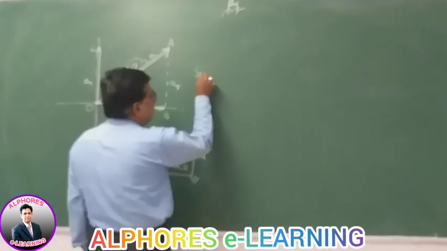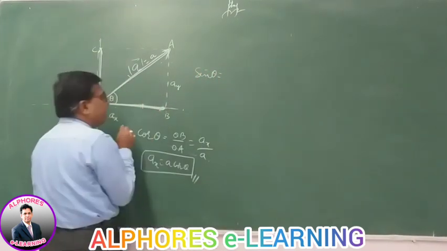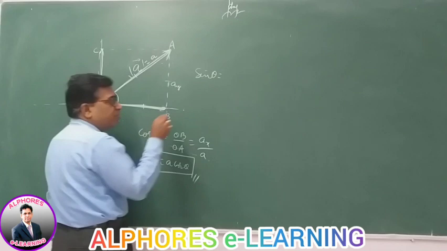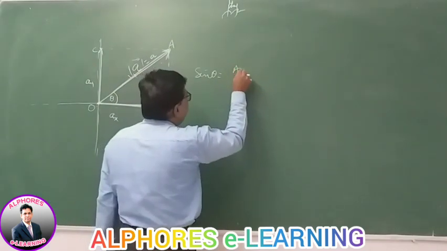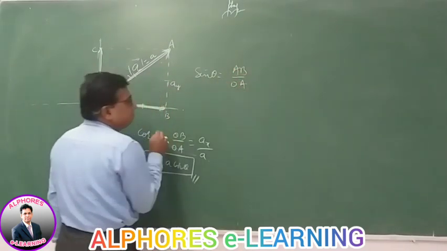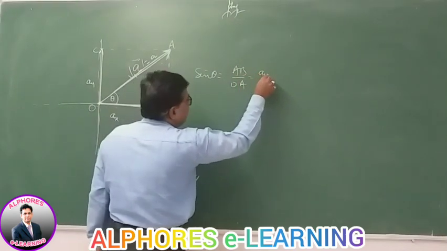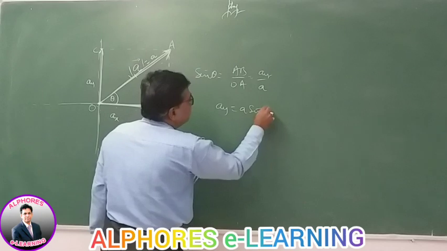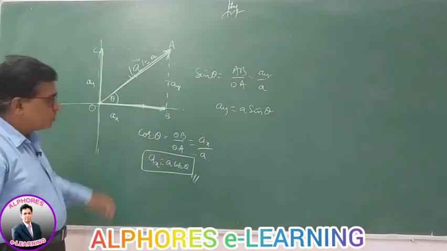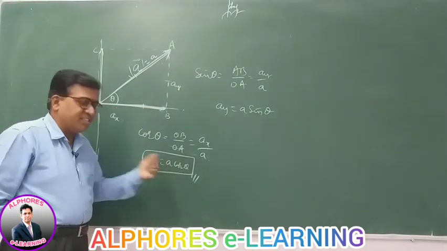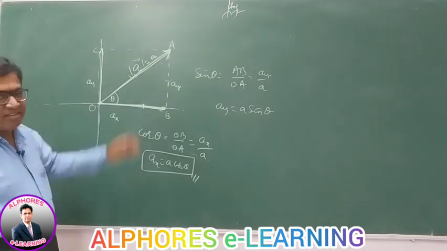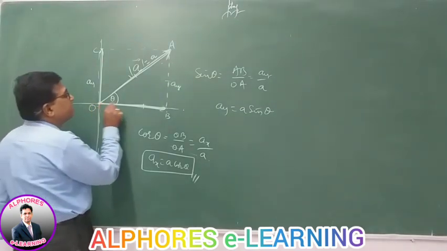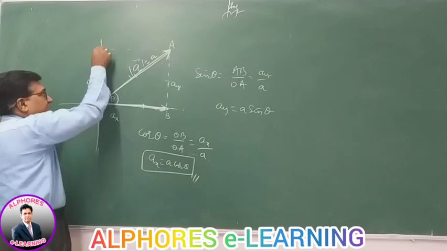Similarly, if I take sin theta from this triangle, opposite by hypotenuse, it's AB by OA, that is Ay by A. So Ay is equal to A sin theta. This is the vertical component. So the horizontal component Ax is A cos theta, the vertical component Ay is A sin theta.